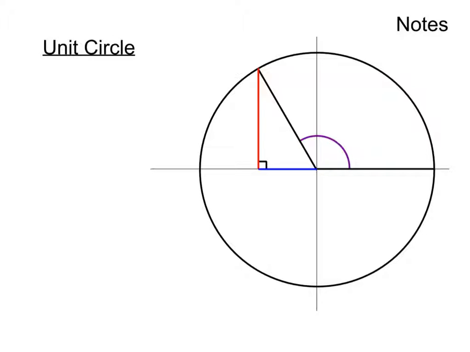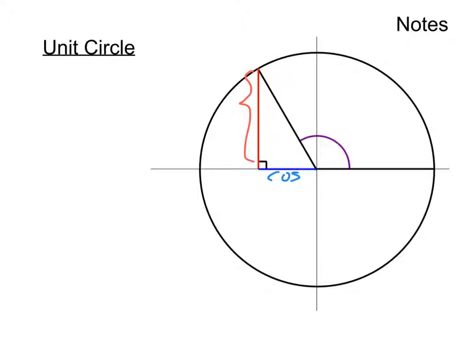Now, in the unit circle, we've already figured out some other information in that first problem that we can extend to a generalization here. What did I use, sine, cosine, or tangent, to find the x coordinate, how far I went over in our earlier problem? We used cosine. The same is going to be true no matter how we draw it and no matter what the angle is. We can figure out how far we go over based on cosine. And what did we use to figure out how far we went up?